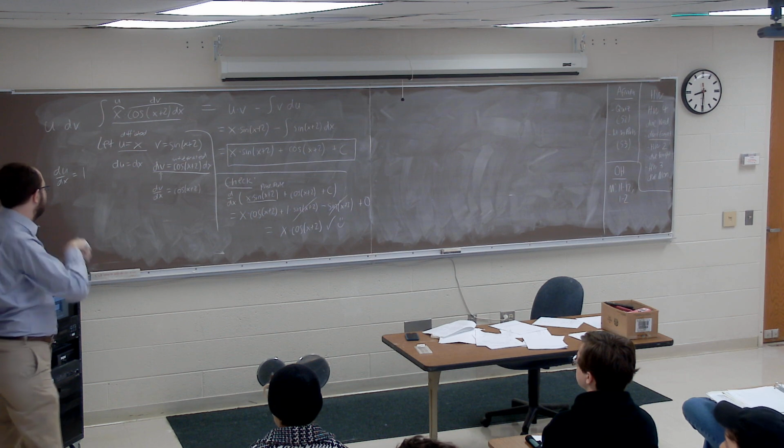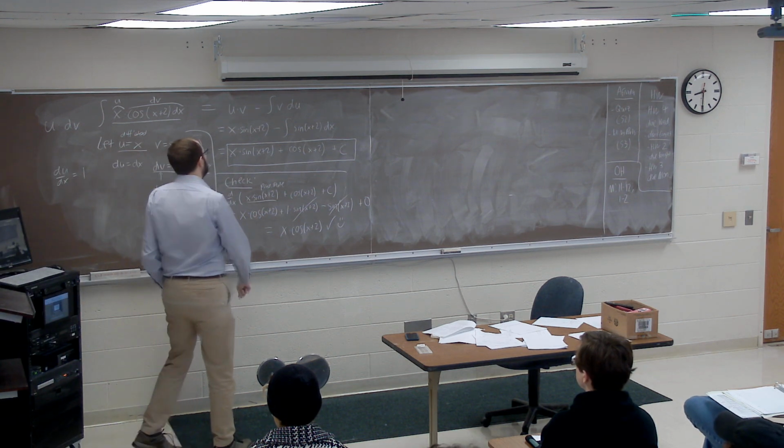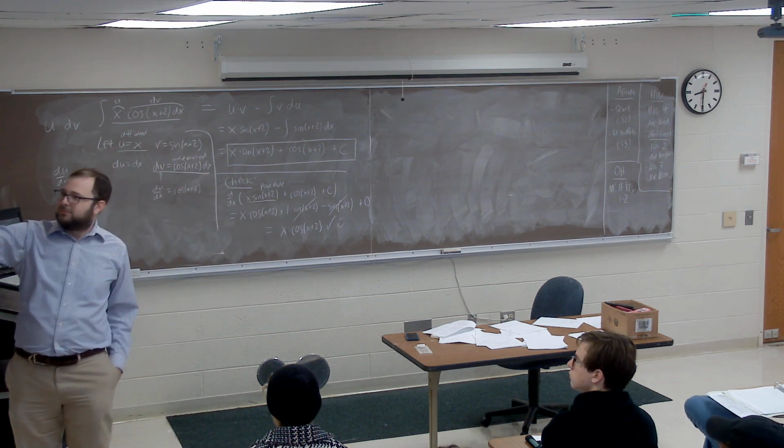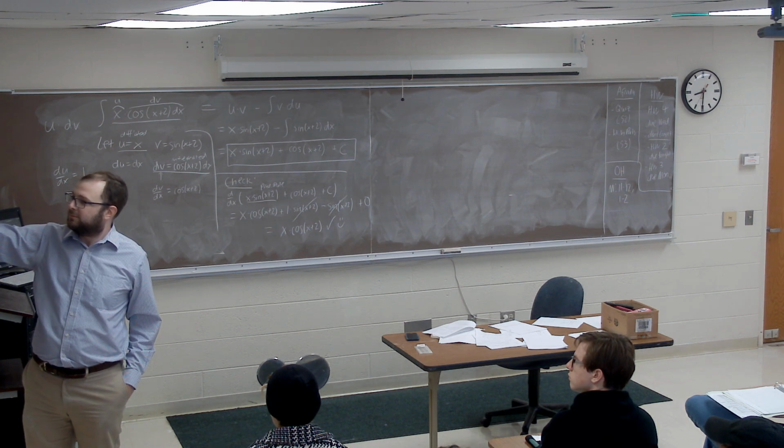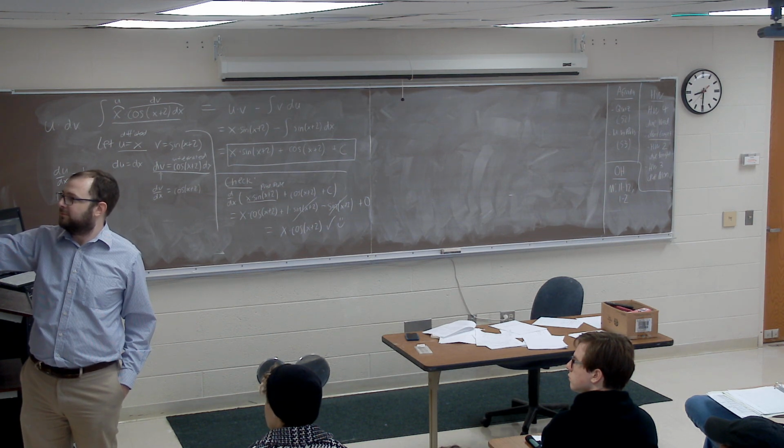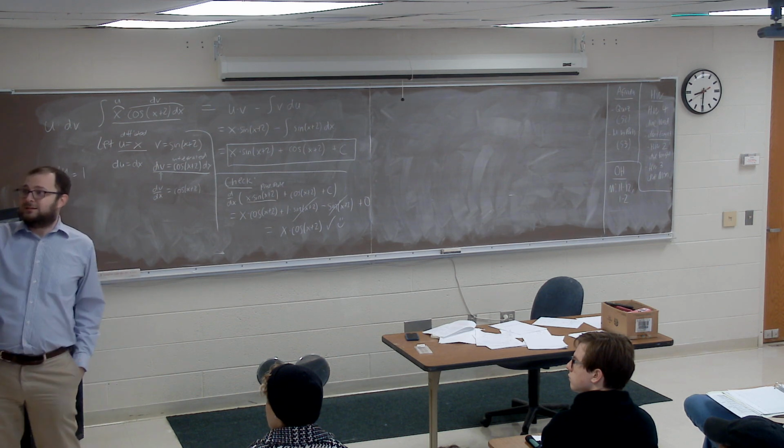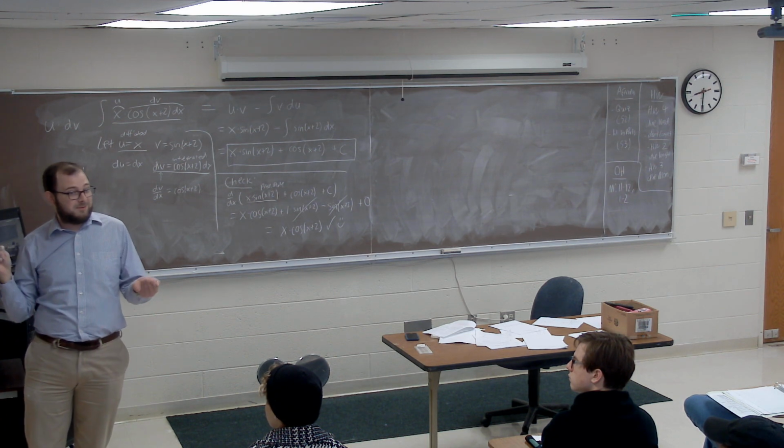We had dv over dx equals cosine, so we asked what would give us that as a derivative, and it was easy: sine of x plus 2. But what if it was more complicated? How would we deal with something like this?